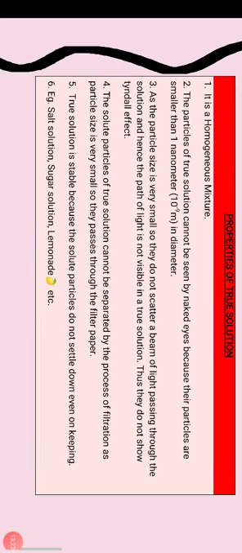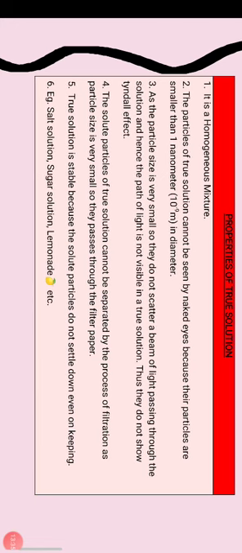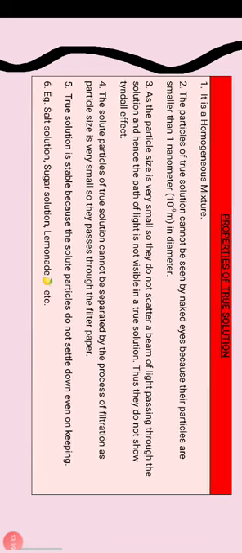Fourth is the solute particles cannot be separated by the process of filtration. That means the particles will pass through the filter paper as they are very small. Fifth point is true solutions, they are stable. Stable means even on keeping they do not separate, so they are highly stable.